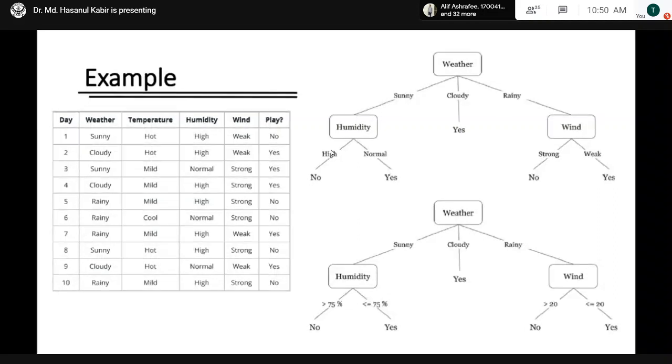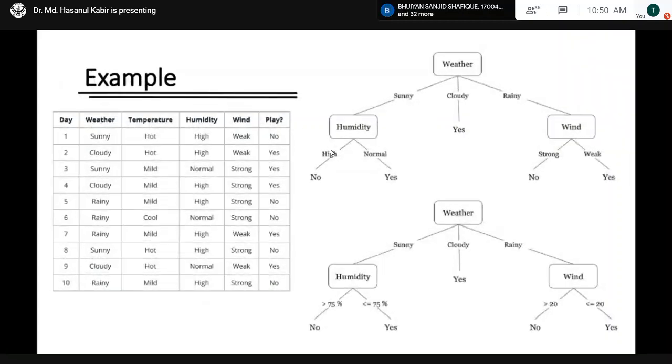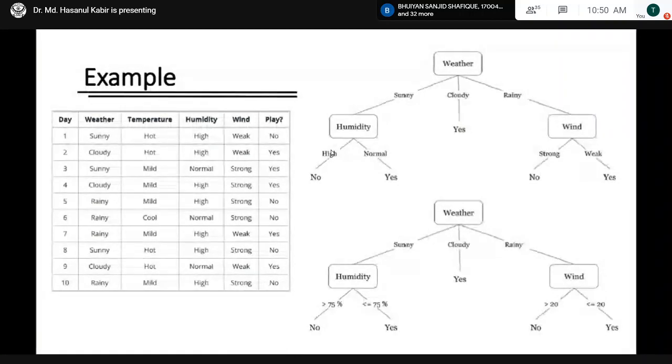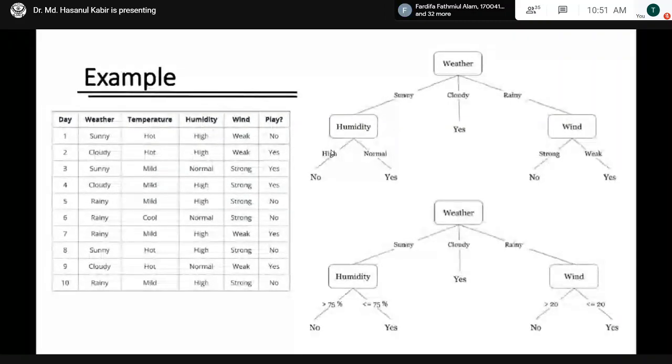Can someone annotate for me? Okay, let me say, we are looking at record number 1, record number 3, and record number 8. Since we have followed this branch high, now we are looking at record number 1 and record number 8. You can see that both of these 2 records follow into which class? The no class.